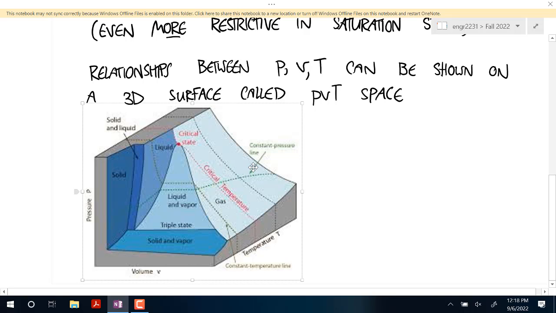Over here we're talking about a gas. So if you start out with a gas at a constant pressure, as you decrease the internal energy, you're decreasing the temperature and decreasing the volume until you get to the phase change region. When you get to the phase change region, you get a decrease in volume as you remove energy, but no decrease in temperature.